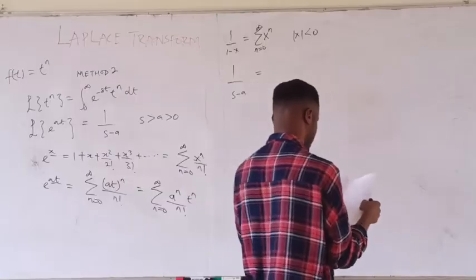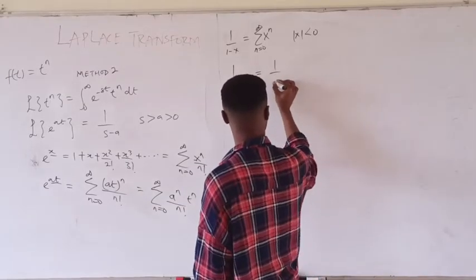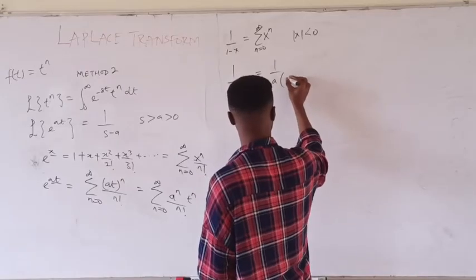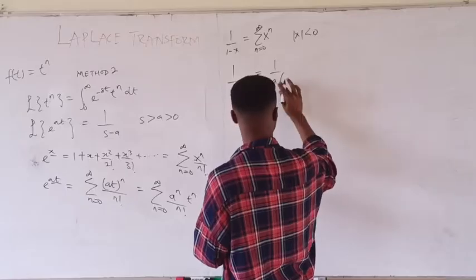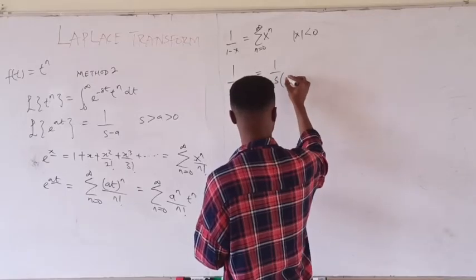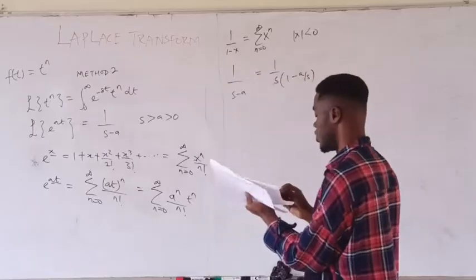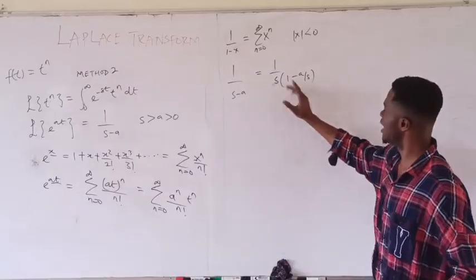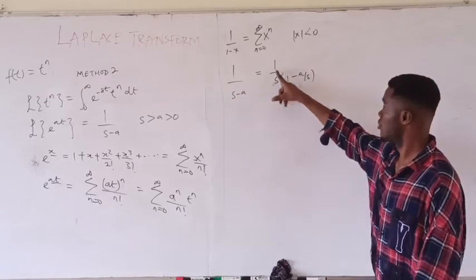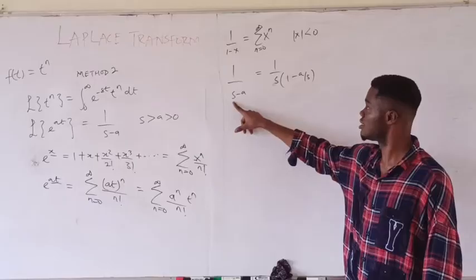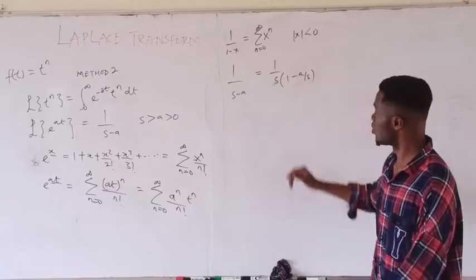So how can I change this x? For me to change this, I'm going to have 1 over s into 1 minus a over s. So this is what I'm going to have. Of course, if you multiply this, you are going to have this function back, because 1 over s times 1 gives you 1 over s, and s times a over s gives you a.